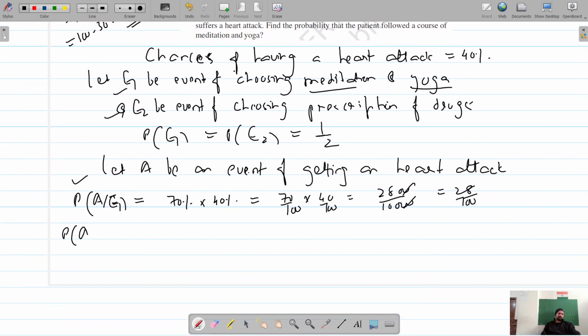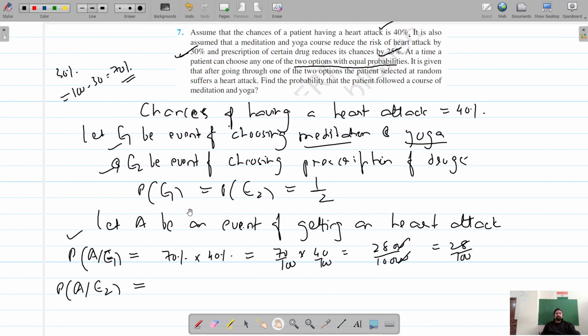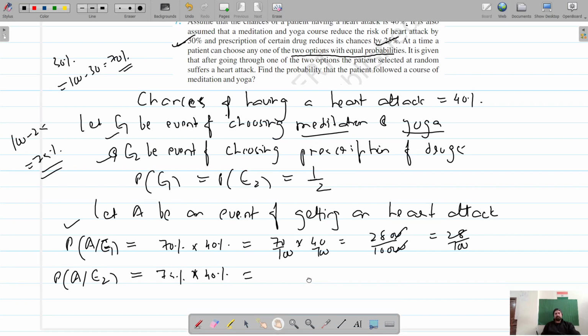Now a person getting a heart attack if he goes by the prescription of drugs. The prescription of drugs reduces the chances by 25%. And if 25% is reduced, that means we still have a 75% chance, and out of the 75, the 40% can get a heart attack.